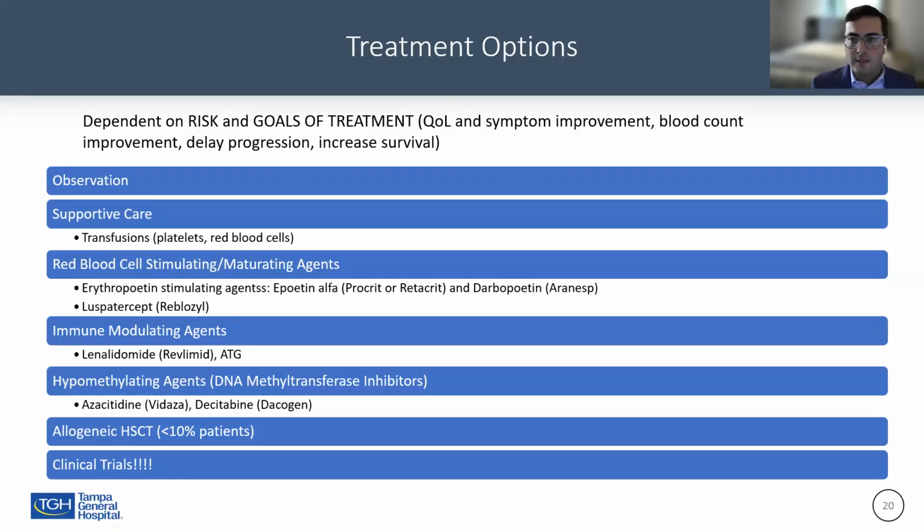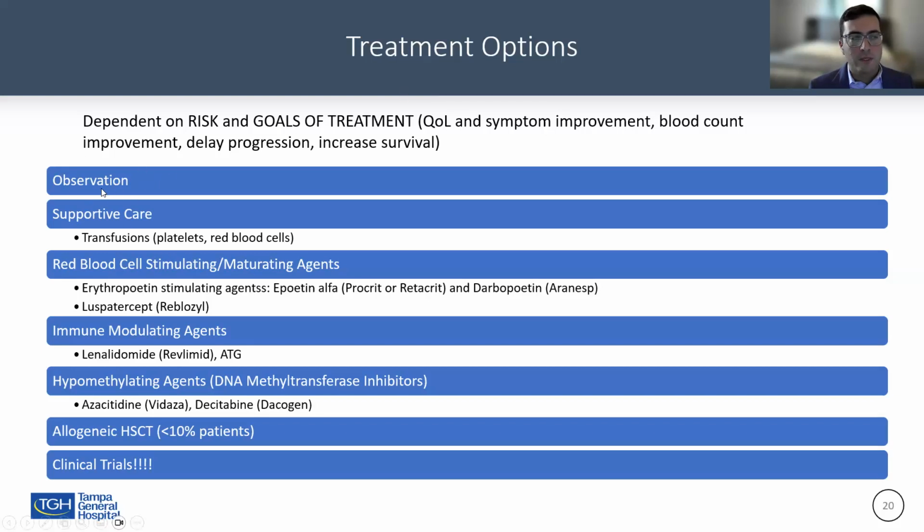Oftentimes, especially in lower risk patients, we are focused on quality of life. We are focused on symptom improvement. We try to have blood count improvement, but I think symptom improvement and quality of life are the most important things, as much as we worry about delaying progression or even survival in this particular case.